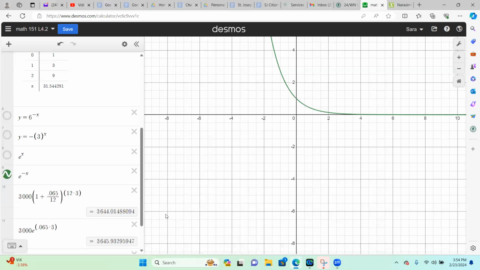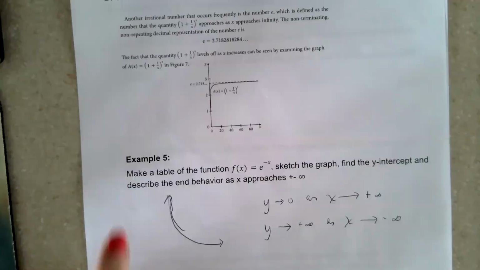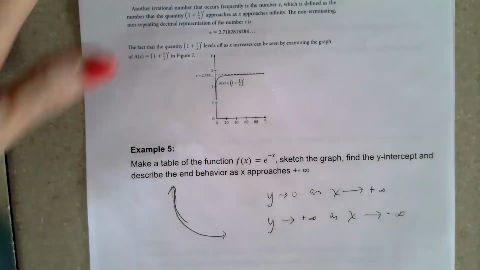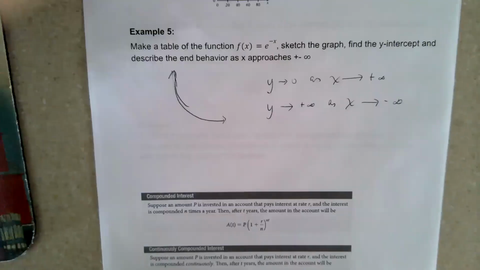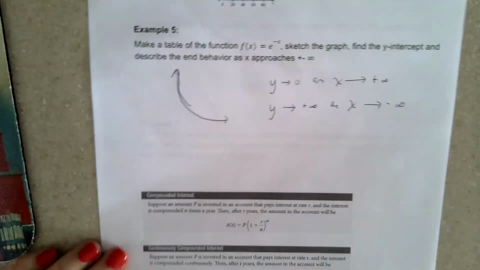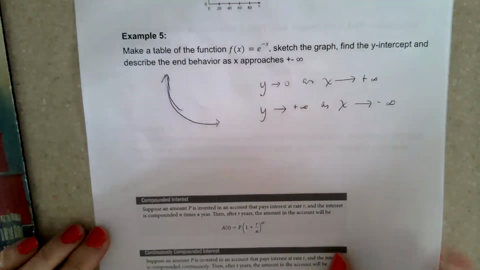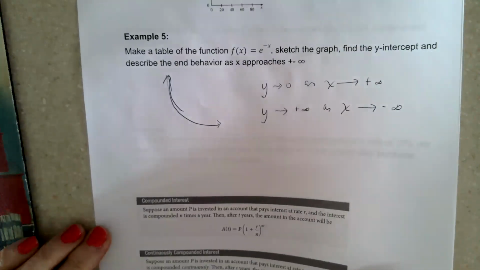So it's decreasing from left to right. Just getting the idea of what the picture should look like.